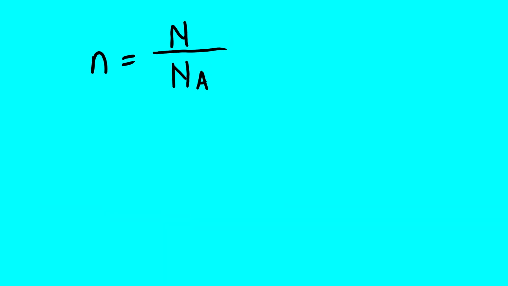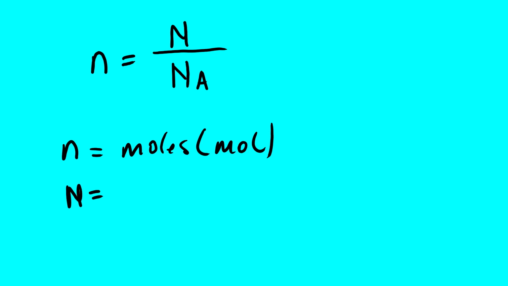Our next equation of number of moles is this one, whereby n is the number of moles in mole, and then the bigger N, actually we have N and Na.